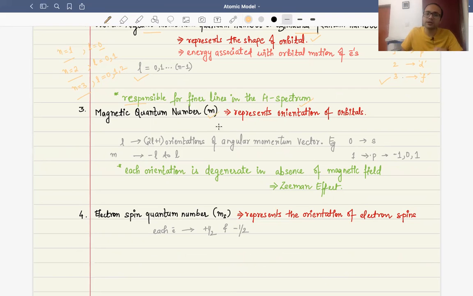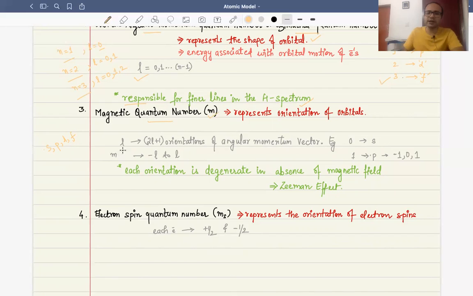Each of the orbitals that I just introduced, that is the s orbital, p orbital, d, and f, all have different orientations. How they are oriented in three-dimensional space is given by the magnetic quantum number, represented by the letter m.